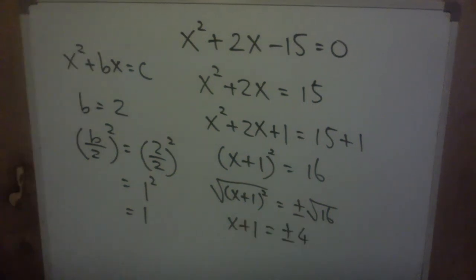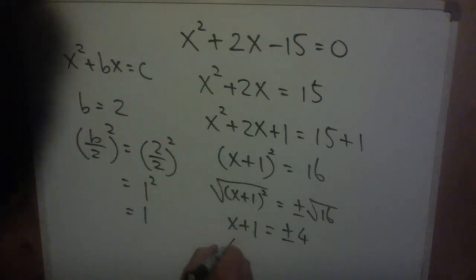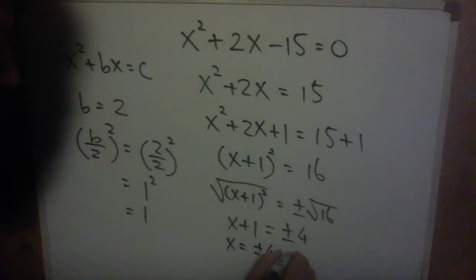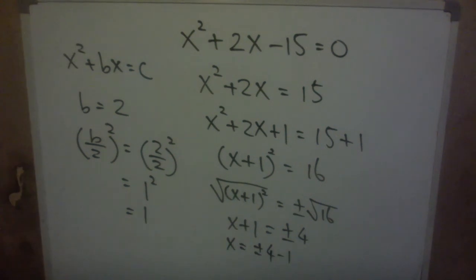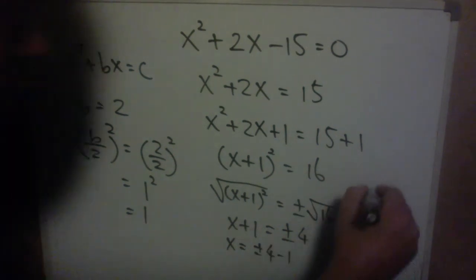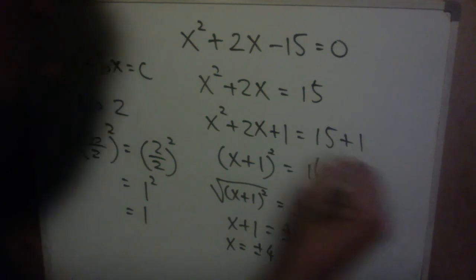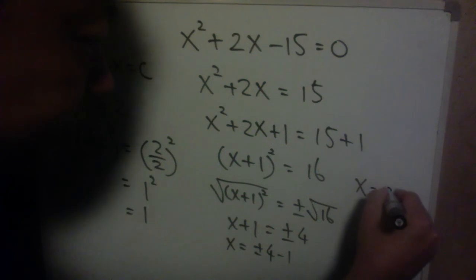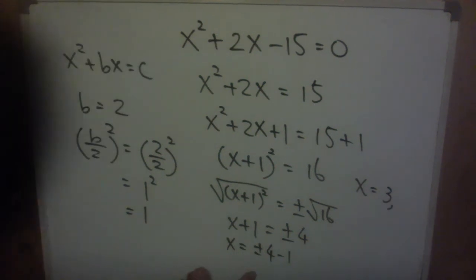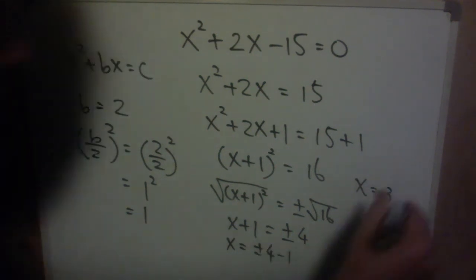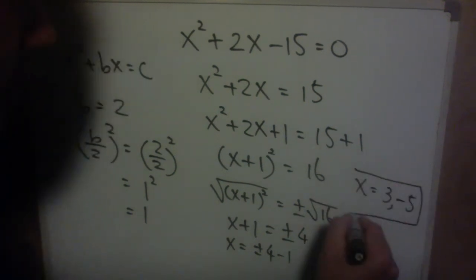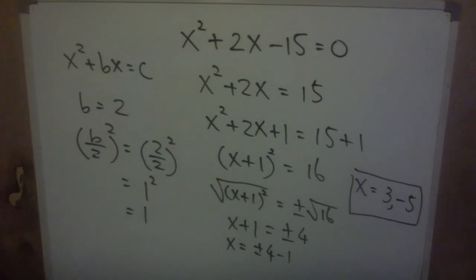So x equals positive and negative 4, and 1 goes to the other side and becomes minus 1. So one of the solutions is 4 minus 1, so that's 3. The other one is negative 4 minus 1, so that's negative 5. And that is our solution.